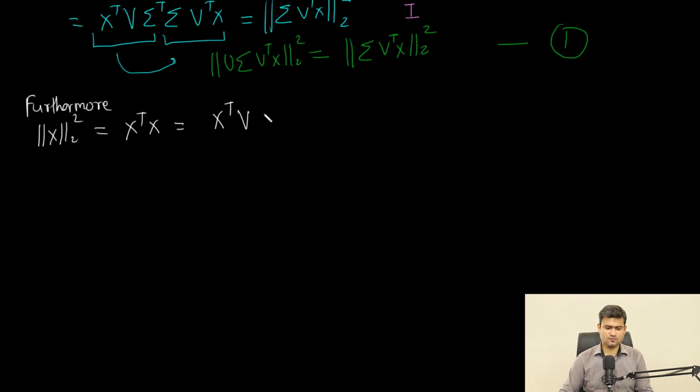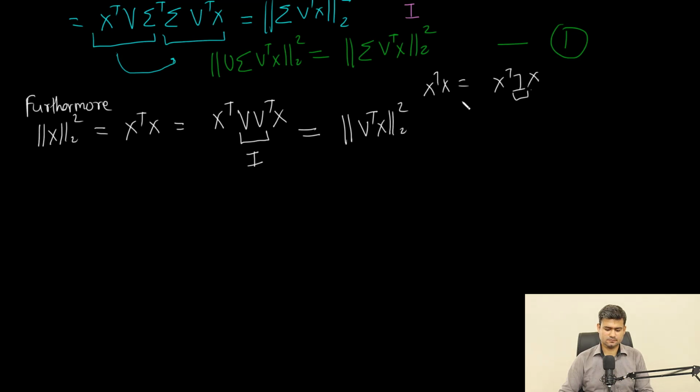We can write this as x transpose times V times V transpose times x, where V V transpose, as we learned earlier, is an identity matrix. So x transpose x is equal to x transpose I x, and we have used the fact that V V transpose is an identity matrix. So this becomes equal to the norm of V transpose x squared. So this is our equation number 2.